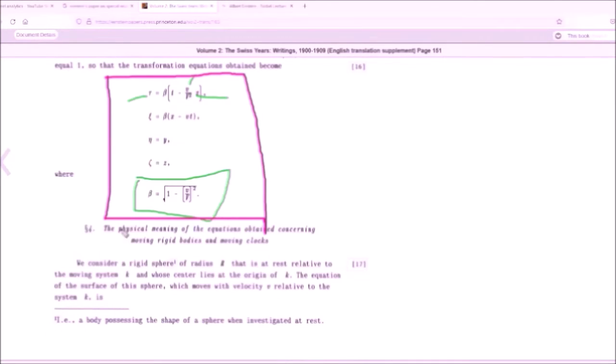is that of a sphere, i.e. a body possessing the shape of a sphere when investigated at rest. In the moving frame, a sphere has coordinates xi, eta, zeta, where the sum of squares equals the radius squared, because zeta is going to be dependent on the speed of the frame.